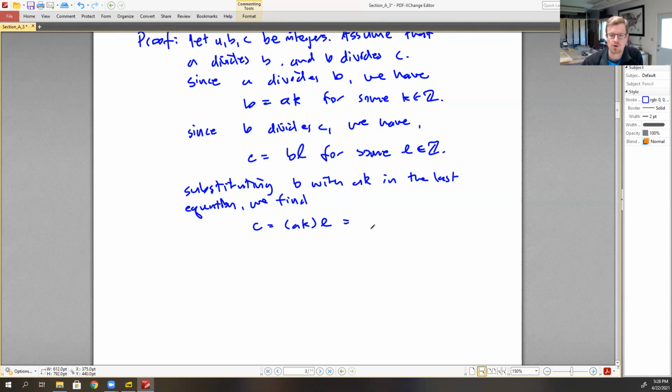So it doesn't matter what order I multiply it in. So I can say A times KL. I grouped A and K, but I get the same thing when I group K and L.